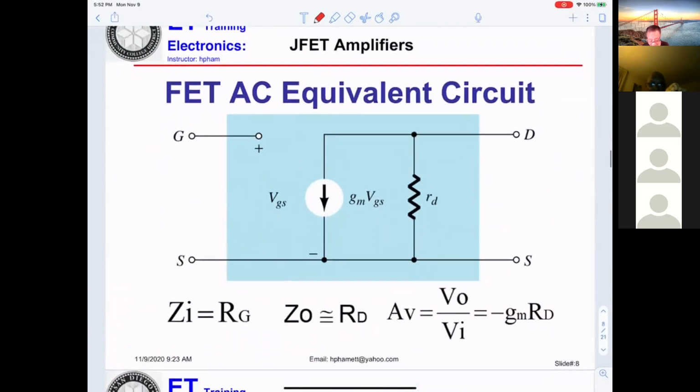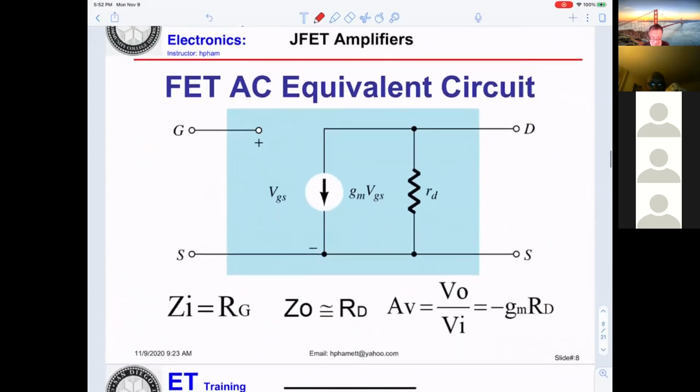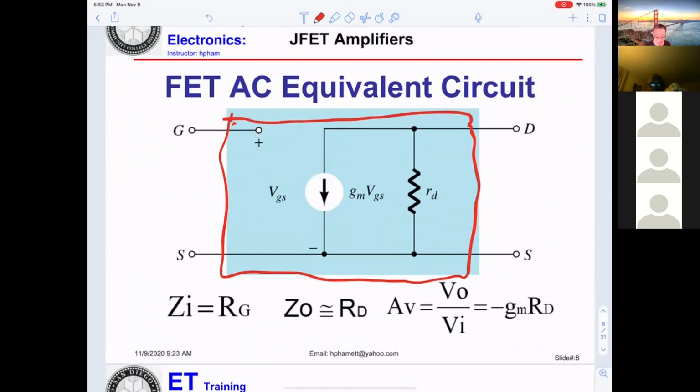Now, this is the one they draw. First thing, the dark side here is the JFET. They don't draw it the way we saw before. This is the AC model.